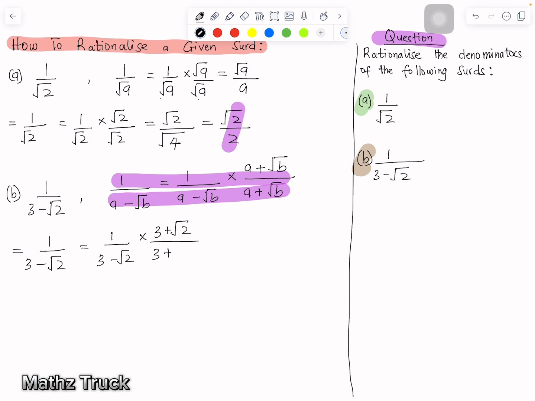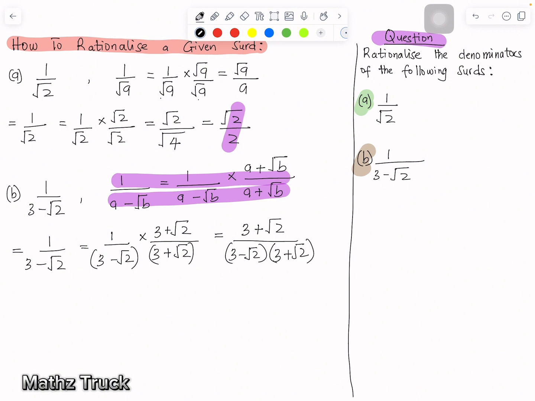Then we can simplify them. 1 times 3 plus root 2 will give us 3 plus root 2. Now the denominator is going to be in the form of brackets, so we have 3 minus root 2, bracket close, and the bracket 3 plus root 2.